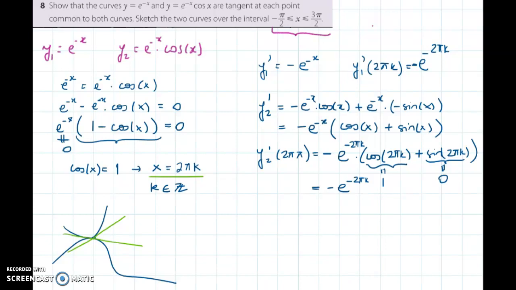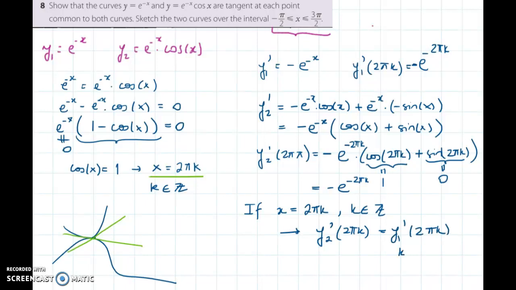So what did we show? We showed that if a point is common to both curves, so if x is equal to 2 pi k for any integer k, then the slope of both curves is the same, and that's for any k in the integers, and this is what we wanted to show.